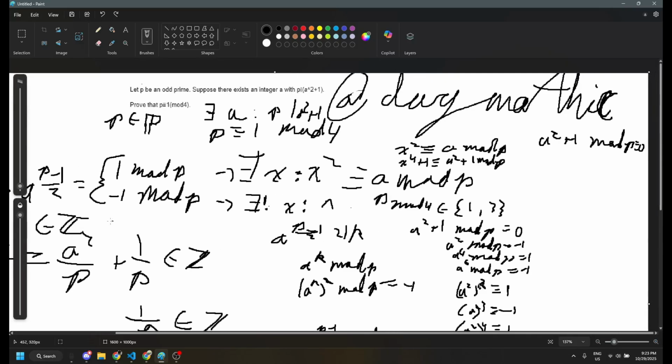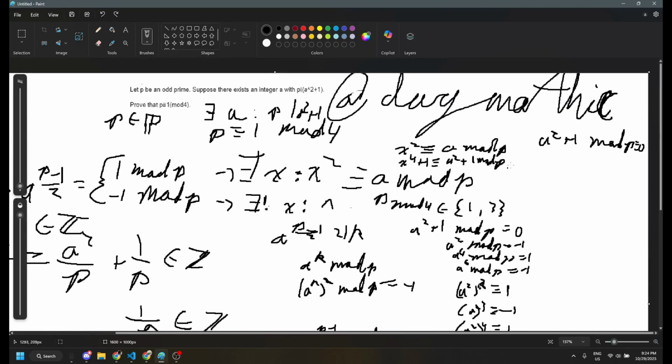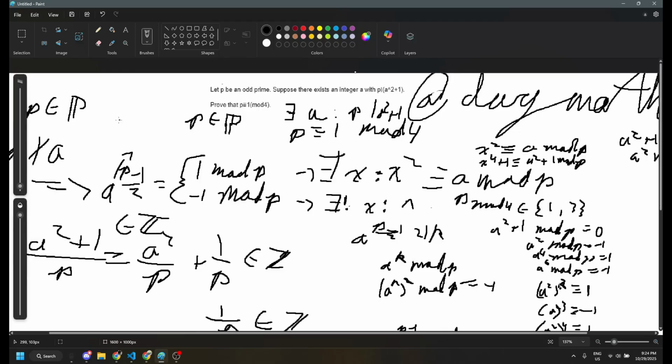So if we use -1, we know from this that a squared mod p is equal to -1. So we know that there exists some value a squared mod p which equals -1. So here, let's plug in a is equal to -1.